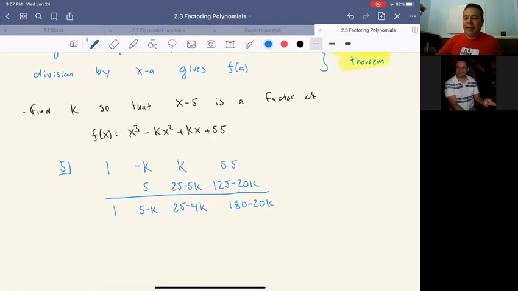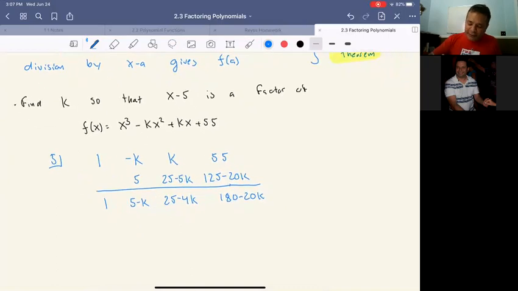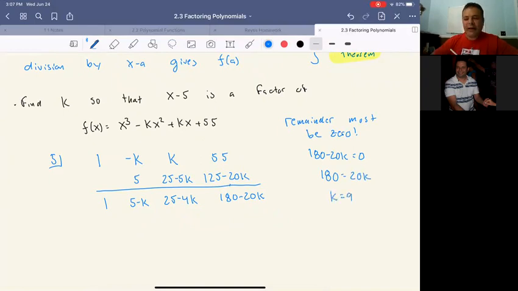Now, we're asking that this is a factor, right? So what do we need to have? Factor means we have a remainder of 0. Okay, so making the remainder equal 0, 180 minus 20k equals 0, or 180 equals 20k, k equals 9.